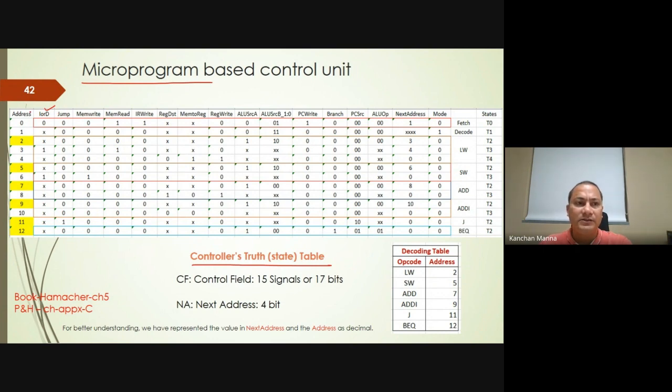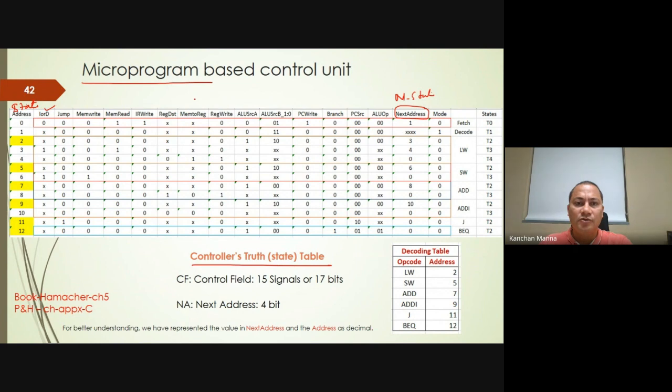And here this address is the input, or let's say this is the state. We represent the states using decimal values, and here also we have the next address, or the next state. We represent these using decimal values so that we can understand quickly. So now this is our state table.